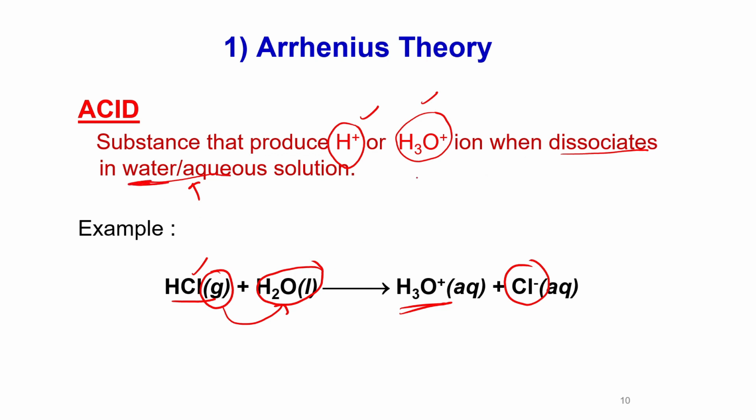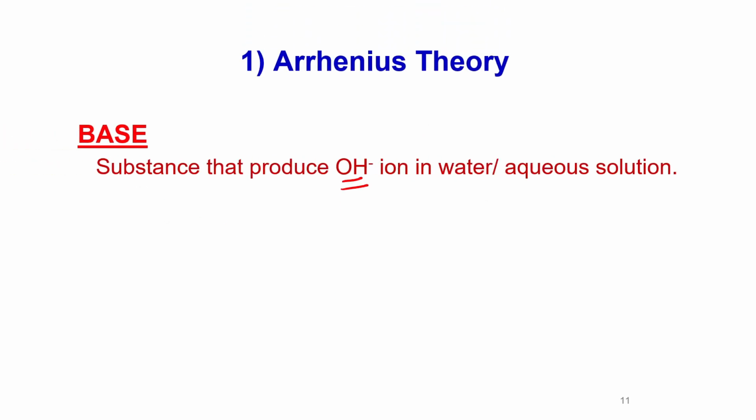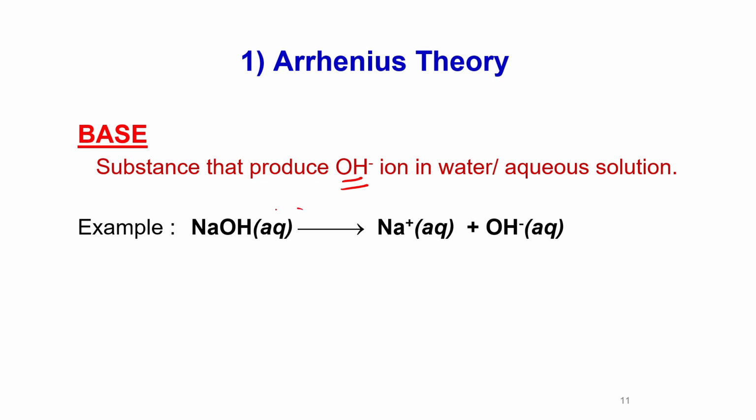So kalau yang this time NaOH dalam aqueous, meaning kita understood dia dah dissolve in water. So kita tak perlu tulis water beside the substance. So NaOH produces OH minus. So NaOH is an Arrhenius base.